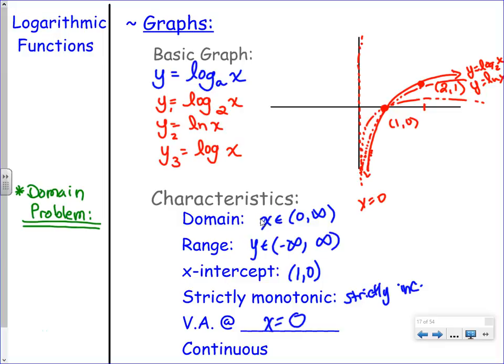Where did this point come from? If you plug in 2, log base 2 of 2 to the 1, log base 2 of 2 cancels and you just get 1. Question, what would you have to plug into ln to cancel with ln and get just 1? What was ln again? Log base e of, who needs to be there for it to all cancel?